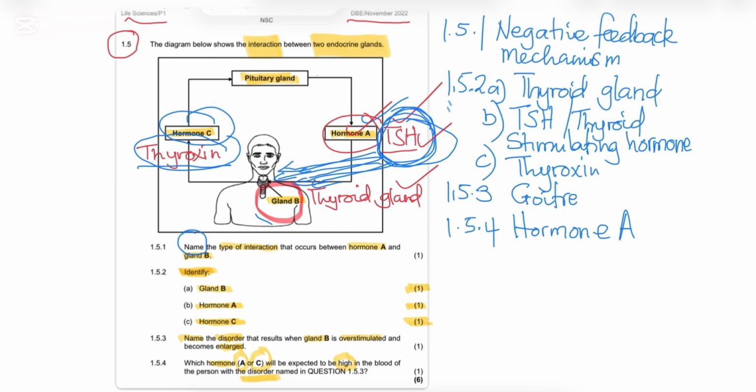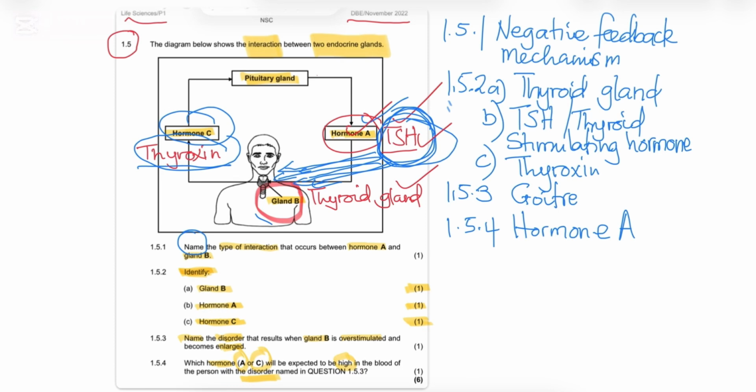But let us just remember this: normally the body uses negative feedback mechanisms to keep thyroxine levels within a normal range, in that the pituitary gland releases TSH, and the released TSH would then stimulate the thyroid gland, which then produces the hormone thyroxine.